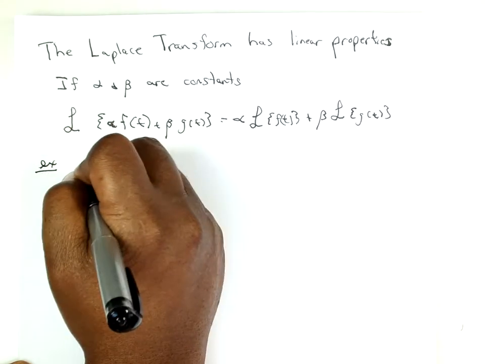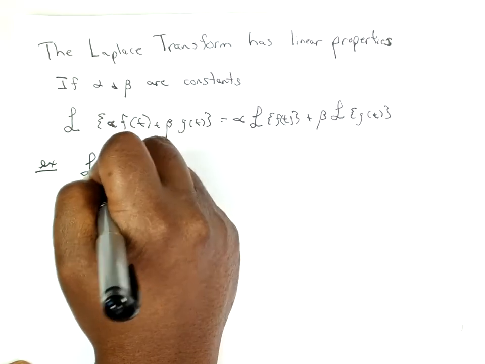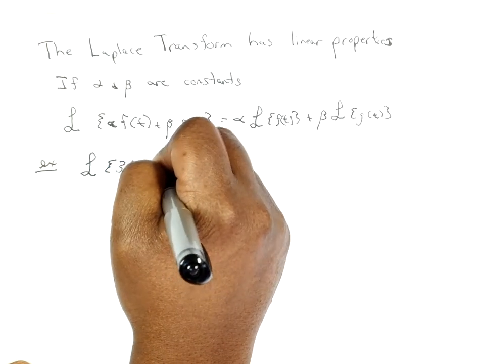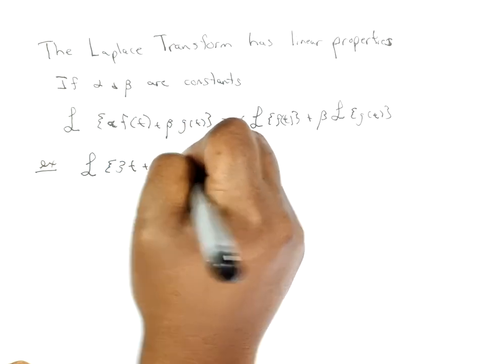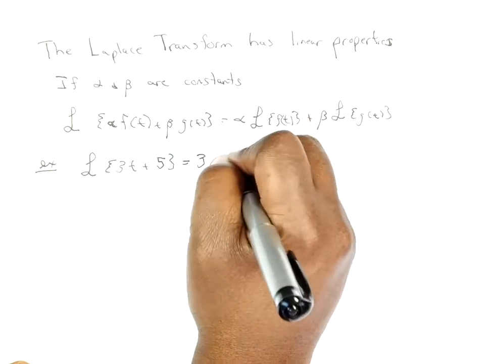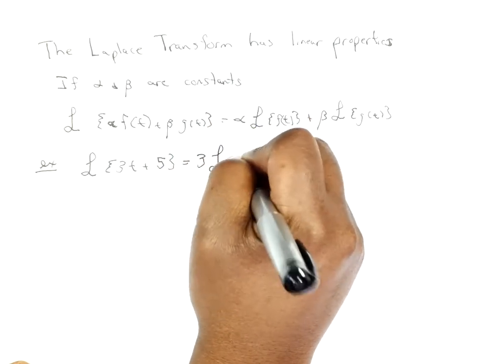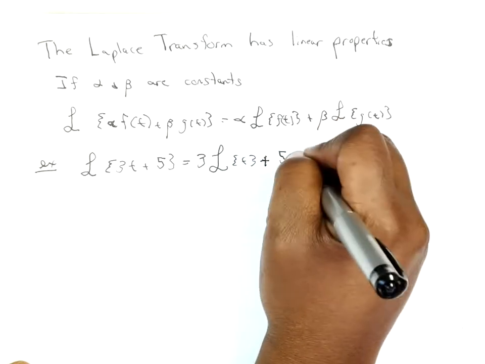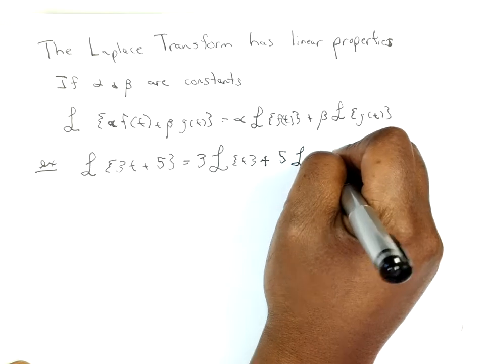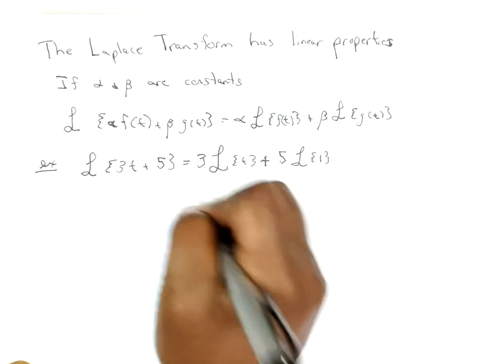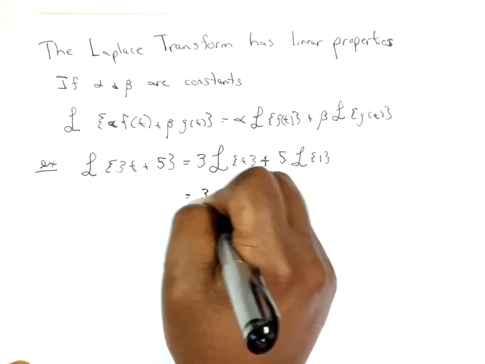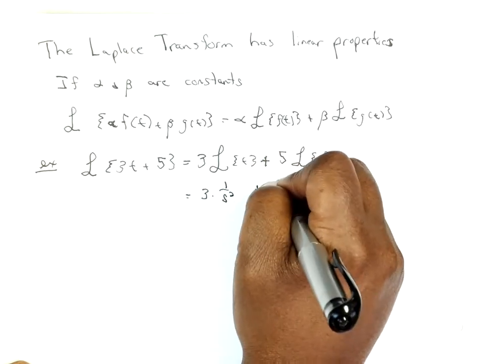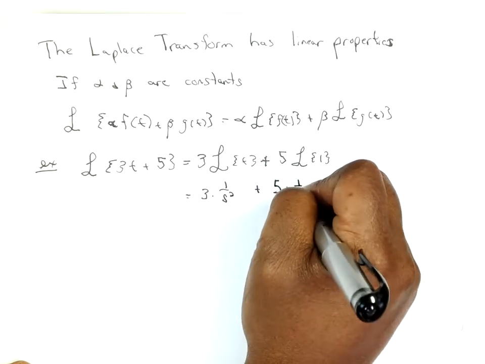So for example, if I have the Laplace transform of 3t plus 5, I'm really just looking at 3 times the Laplace transform of t plus 5 times the Laplace transform of 1. So that gives me 3 times 1 over s squared plus 5 times 1 over s.